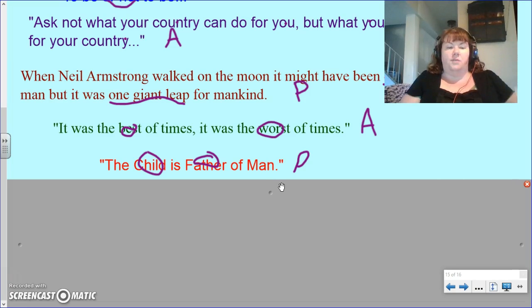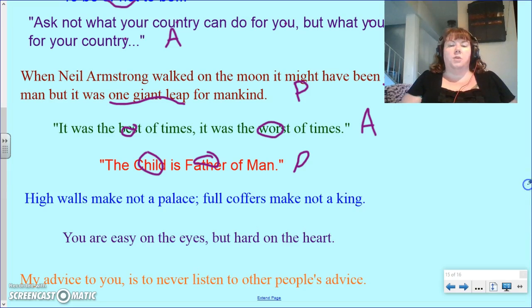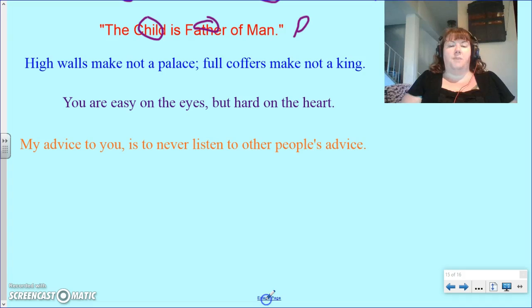The idea of contrasting ideas is important, but the structure it uses is even more important. Once you look at them, go ahead and pause it so that you can write these 3 down, and tomorrow we will discuss them in class before we get started on the next part of the chapter.